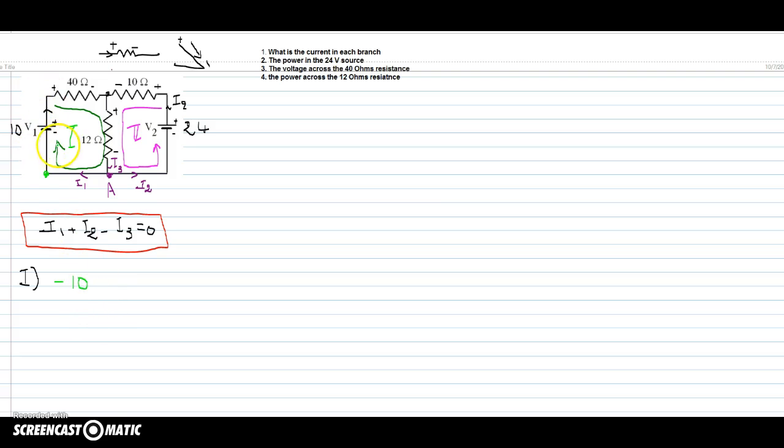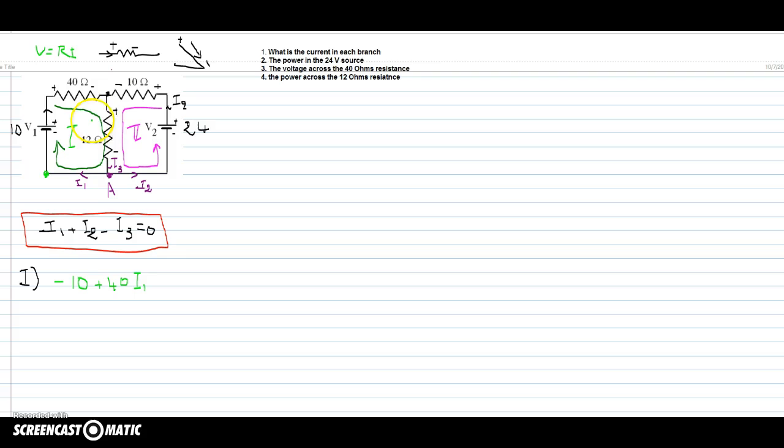Okay, then I continue. The voltage across R is Ohm's law, R times I. R is 40, and so I encounter plus, I put plus 40, and the name of the current is I1.